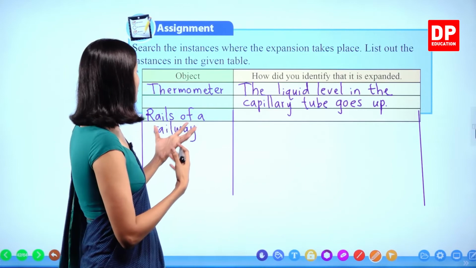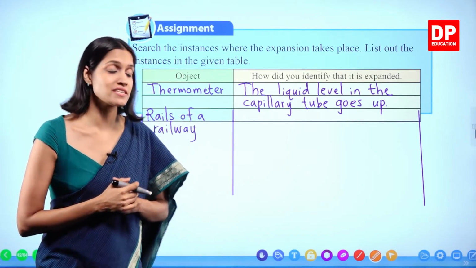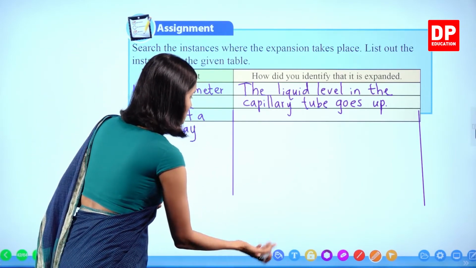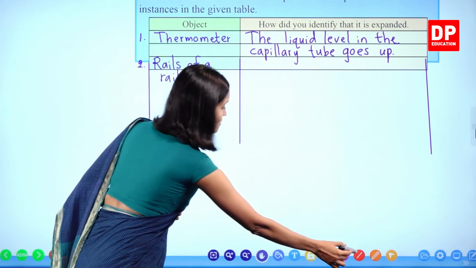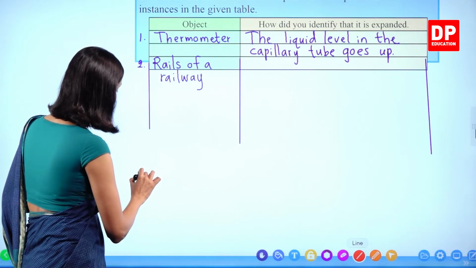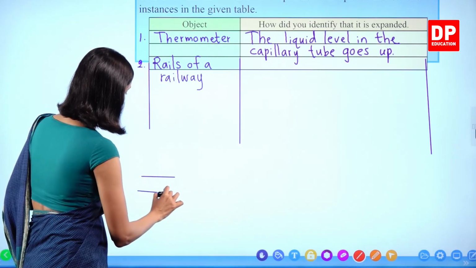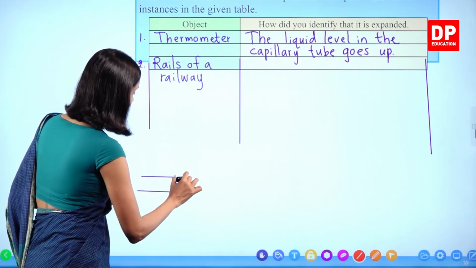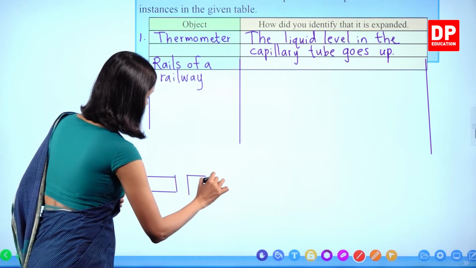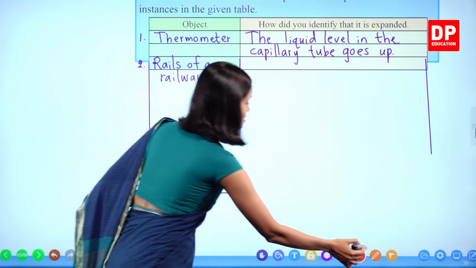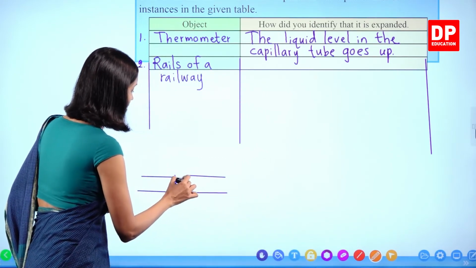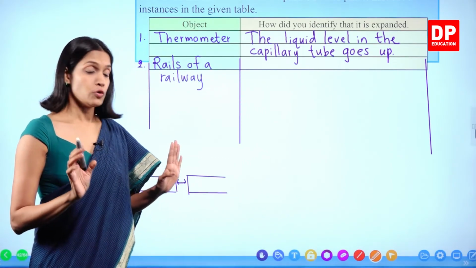So, how can you identify whether the expansion has taken place? Now, do you remember I already explained what happens when we consider two rails of a railway? Normally, there's a gap between the two rails. Right? This is the gap between the two rails. Okay?